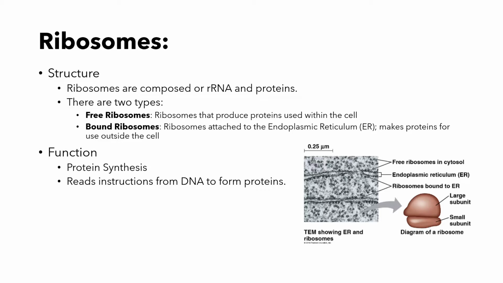Bound ribosomes are the ribosomes that are attached to the endoplasmic reticulum, the ER, and these make proteins for use outside the cell. Ribosomes exist both in prokaryotic and eukaryotic cells. And to note, ribosomes are the only main organelle that exist within prokaryotic cells, such as bacteria. The function of ribosomes is to synthesize proteins and to read instructions from DNA to form those proteins.